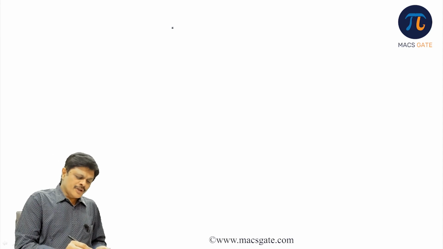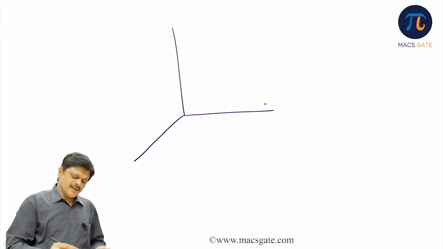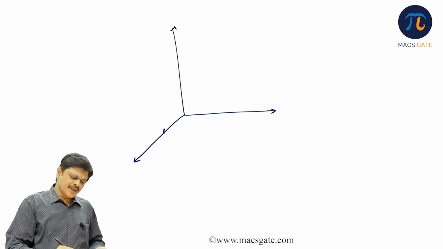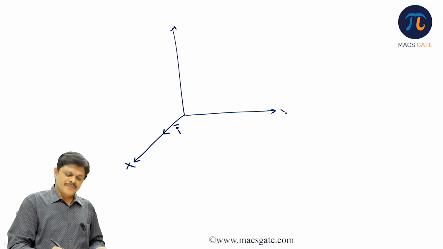Now we need to know about three important vectors in the direction of the principal axes. I'm taking three dimensions; if it is two-dimensional, we take only the x and y axes. Those are the unit vectors in the direction of the x-axis, y-axis and z-axis.